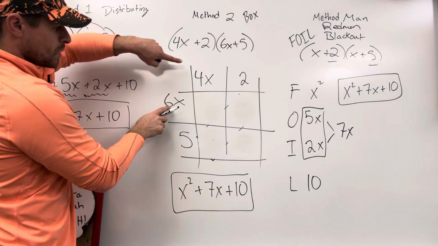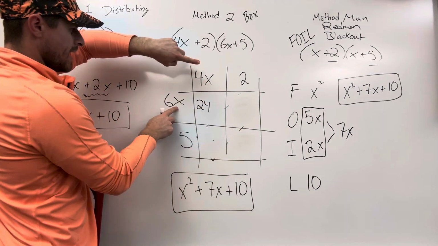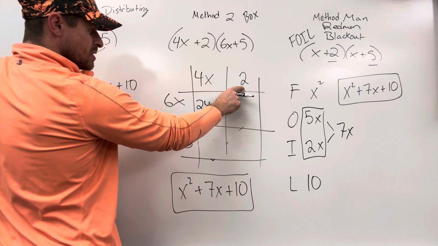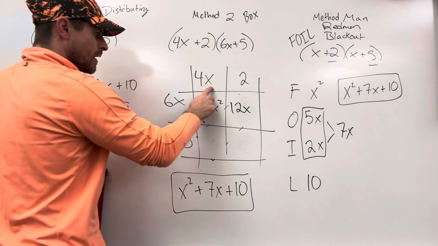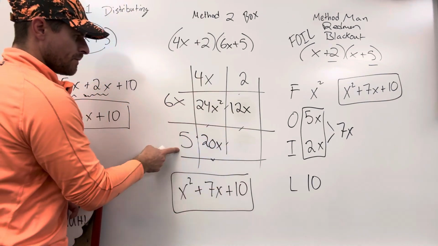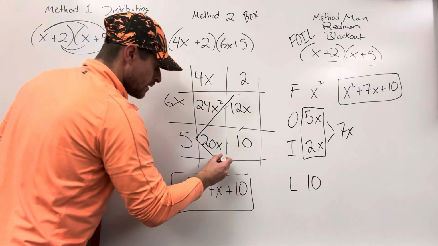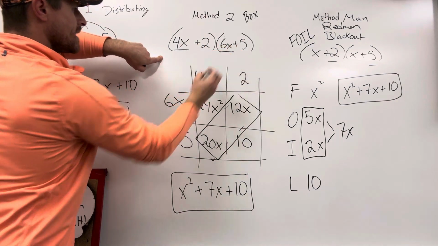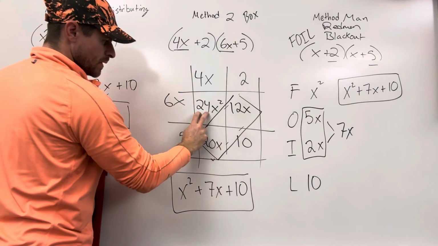What happens here is we want to take 6, multiply by 4, 24, and then x times x is x squared. 6x times 2 is going to give me 12x. 4x times 5 is going to give me 20x. And 5 times 2 is still 10. Now, if you notice here, the only difference is that when we're multiplying 4x and 6x, we have to take 4 times 6 to make 24.